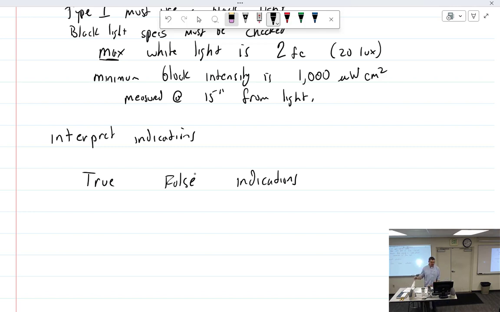So a false indication would be what? Not a real crack? Fingerprints, failure to wash. This would be similar to a false positive? Yeah. So if it's true, is it non-relevant or relevant?